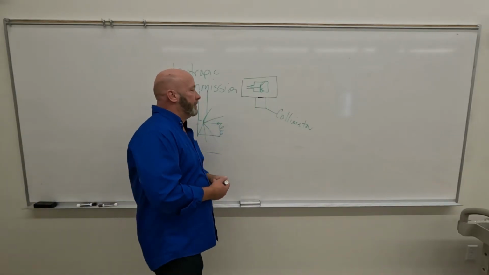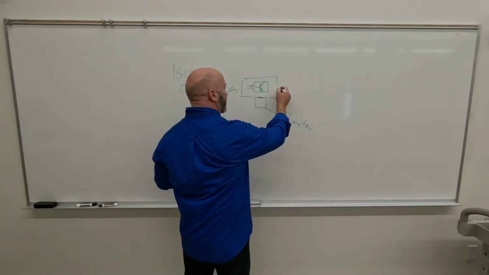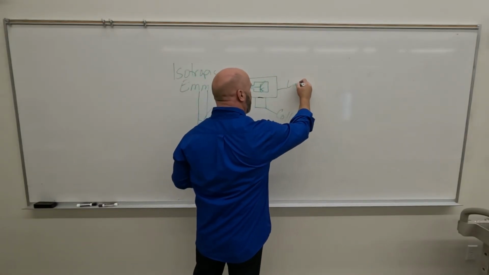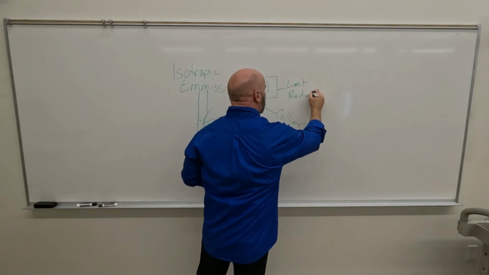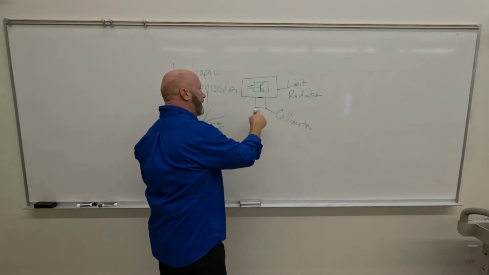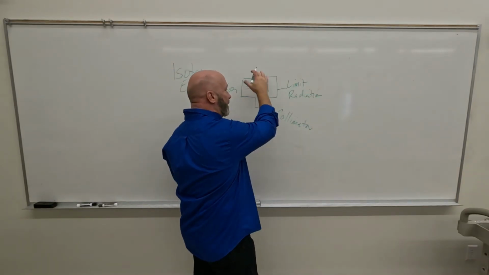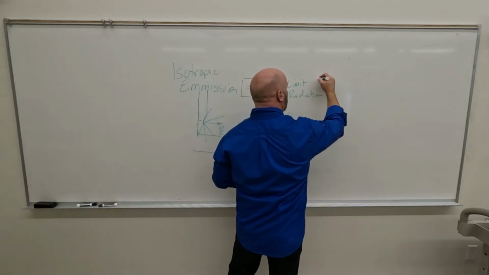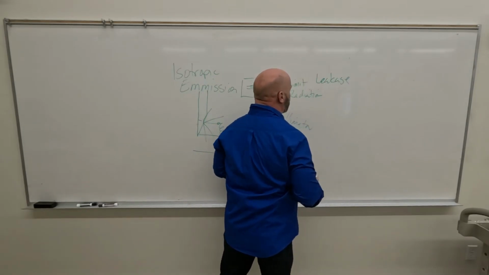So one of the jobs of the protective housing is to limit radiation that is going anywhere except for through the window. And if it gets out from anywhere except for the window, we're going to call that leakage radiation.